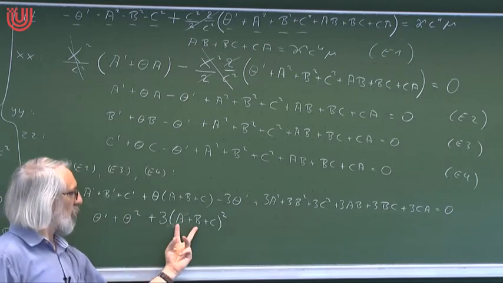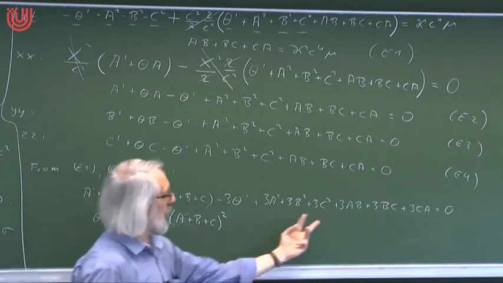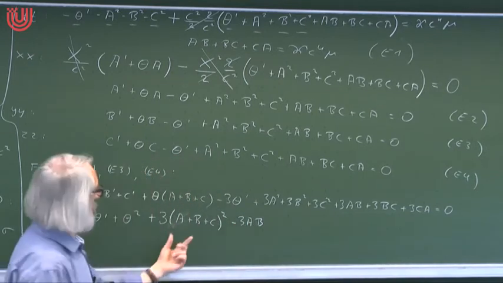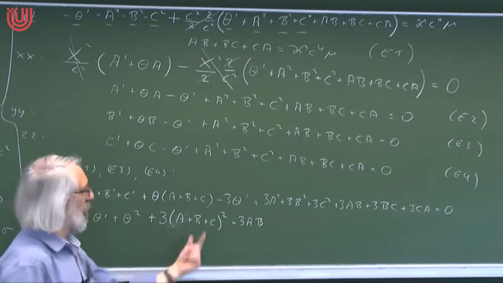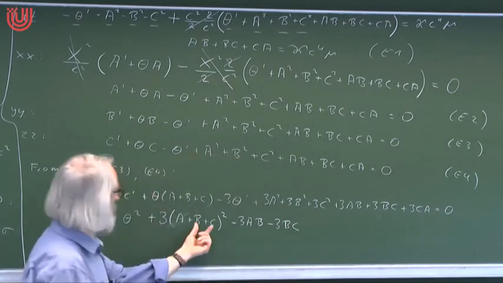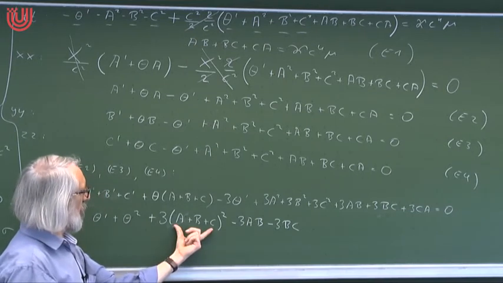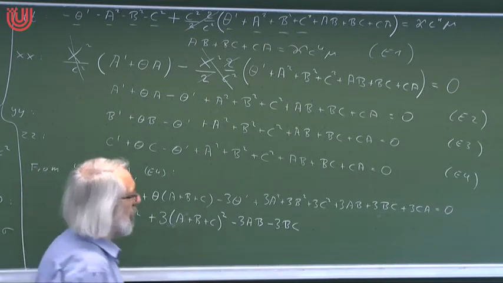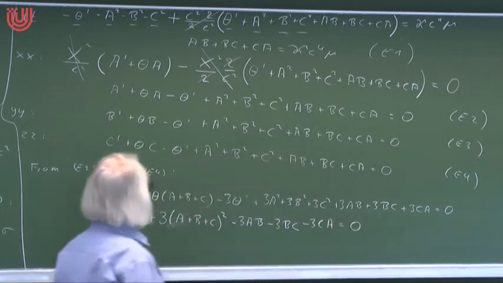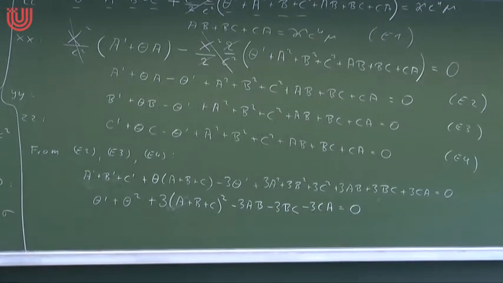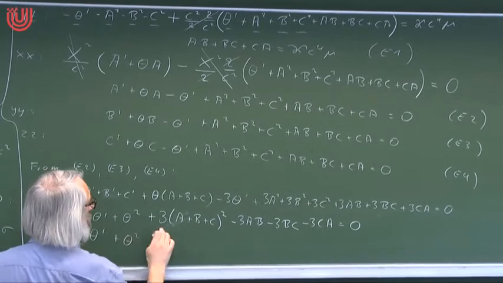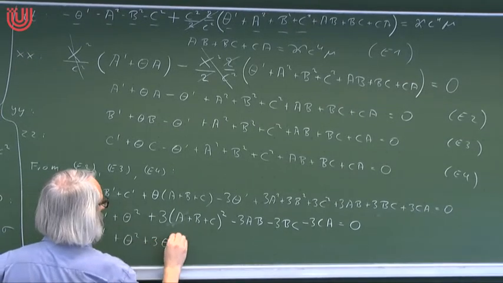And then I get from the mixed term 6 times ab. I have it only 3 times, so I have to subtract 3ab. Then I get 6 times bc. That's only 3 times, so I have to subtract it. And here I get 6 times AC, so I have to subtract it 3 times. So why is this nice? Because here I have theta prime, here I have theta squared, this is 3 times theta squared.